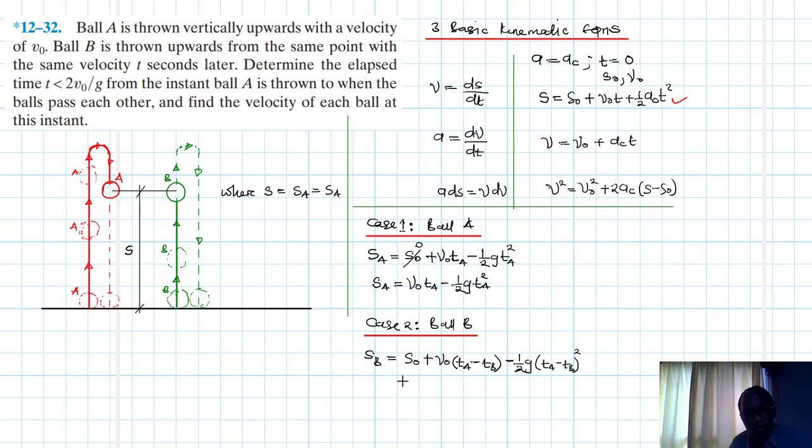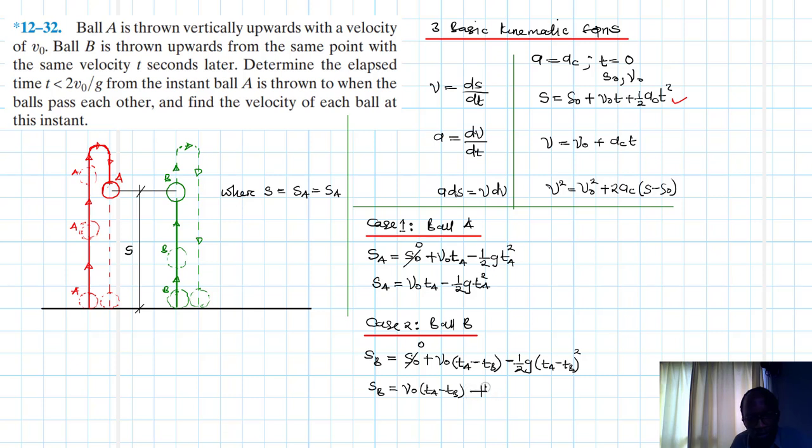Okay, so there we go. So what do we have? We know that S naught is equal to 0. Therefore, SB will be equal to V naught times TA minus TB.